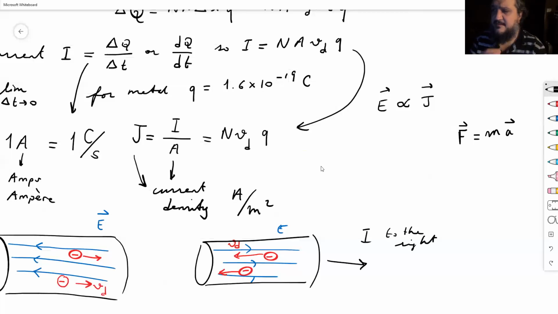So if we have such a relationship between the electric field and the current density, don't we need a constant which would tell us how easy or how difficult it is to move those charges when an electric field is present, all right? So can we come up with a relationship like that?